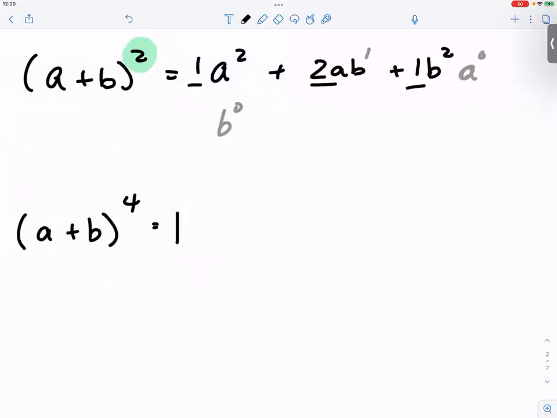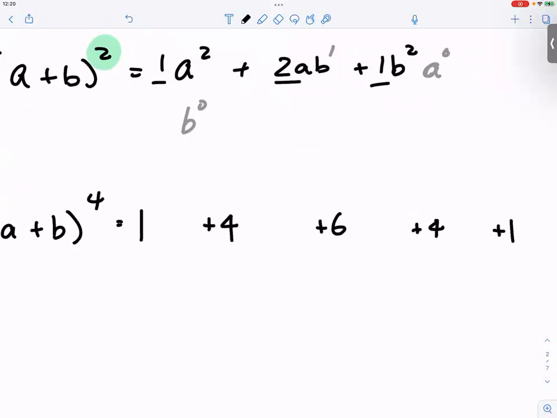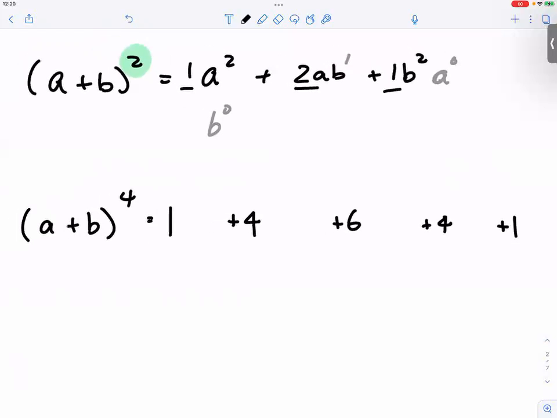So 1, 4, now leave some space. 6, 4, and 1. We know that it's going to be some kind of polynomial, and it's going to have these coefficients. So let's go ahead and write down these coefficients first so that we don't have to worry about too many things at a single time. We can handle things one at a time. So we got the coefficients done.